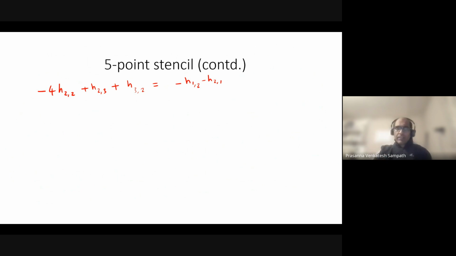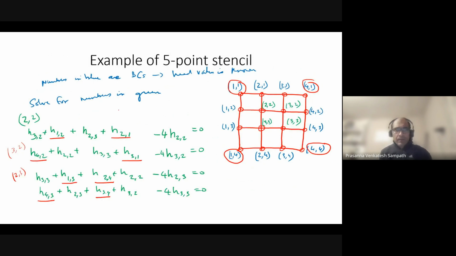Next equation, we'll take the 2 comma 3 equation.